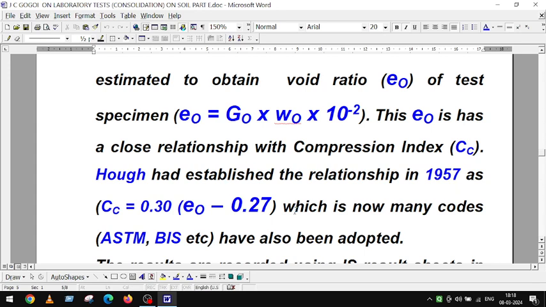I have personally verified more than a few thousand consolidation tests I have conducted in my life, and the difference is almost 0.95, or say ultimately 5% plus minus 5%. In some soil it is 5% plus minus 5%, not more than that. So we can easily accept this method.